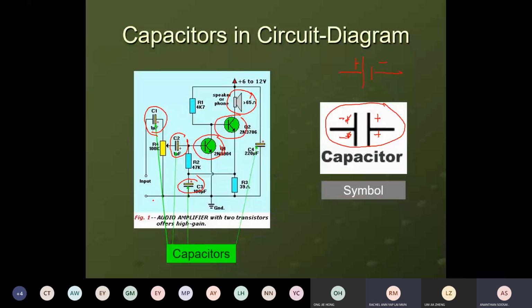So in this circuit, let's say the input is some sort of microphone. The microphone changes sound to an electrical signal. The electrical signal produced by the sound is an alternating signal, because sound gives positive and negative voltage. That alternating signal will pass through the capacitor, be amplified and be produced in the loudspeaker.